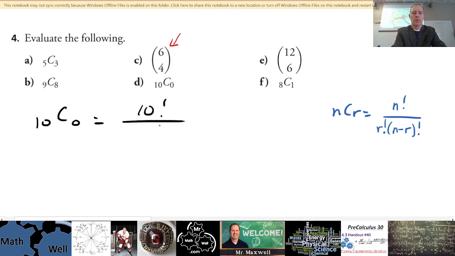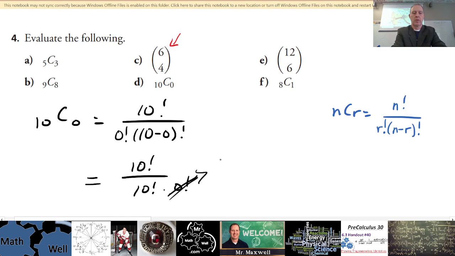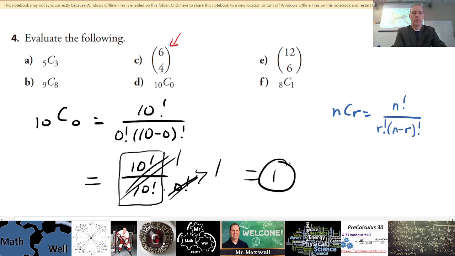It's 10 factorial over 10 minus 0 factorial, also divided by 0 factorial. So this is 10 factorial over 10 factorial times 0 factorial. If you guys remember, 0 factorial is actually equal to 1. And 10 factorial divided by 10 factorial is also equal to 1. So there is one way that you can actively choose 0 out of 10.